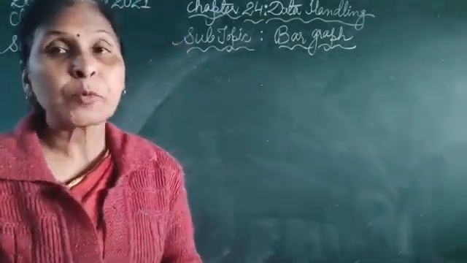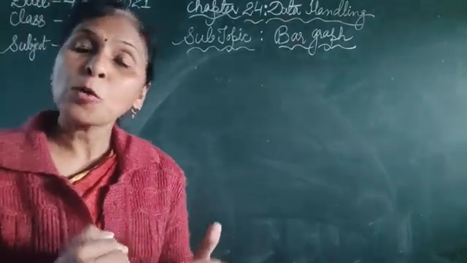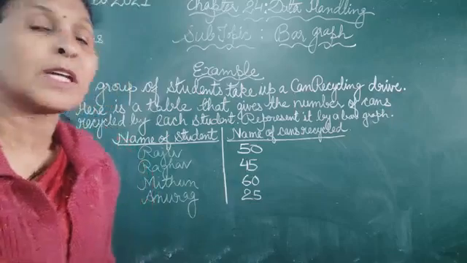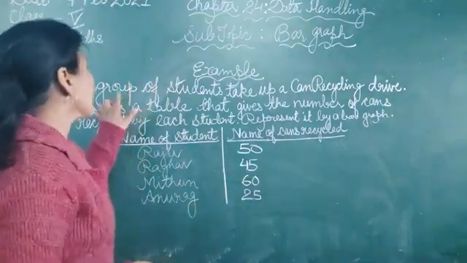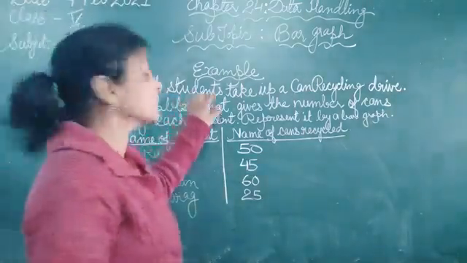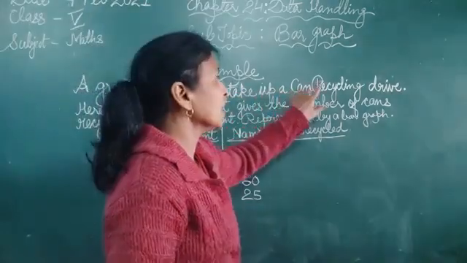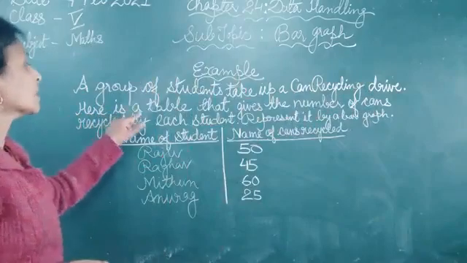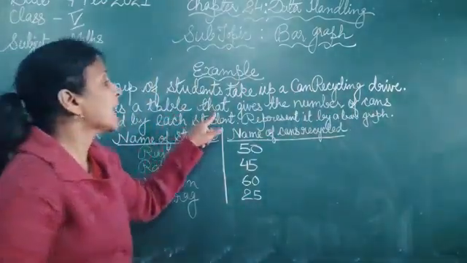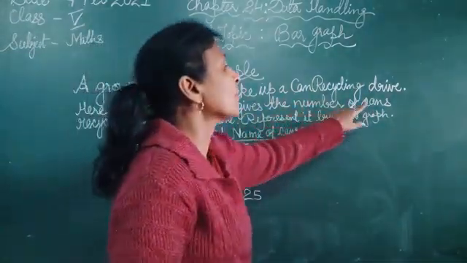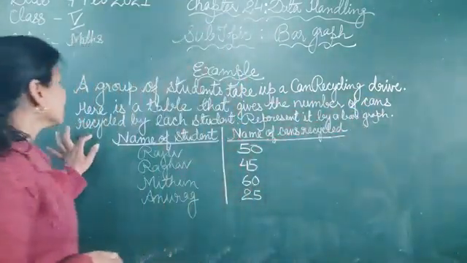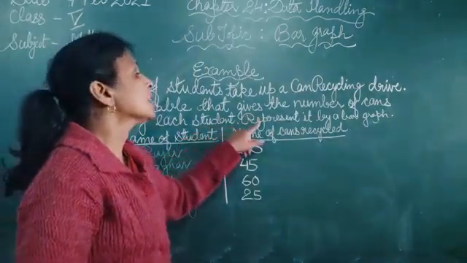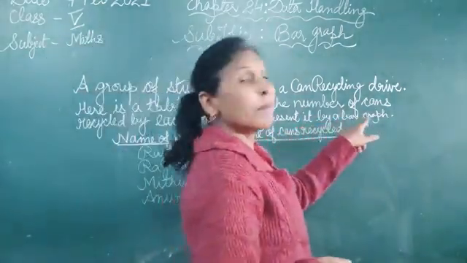Now I show one example here of how to read and draw the bar graph. Now this is the example. A group of students take up a can recycling drive. Here is a table that gives the number of cans recycled by each student, represented by a bar graph.